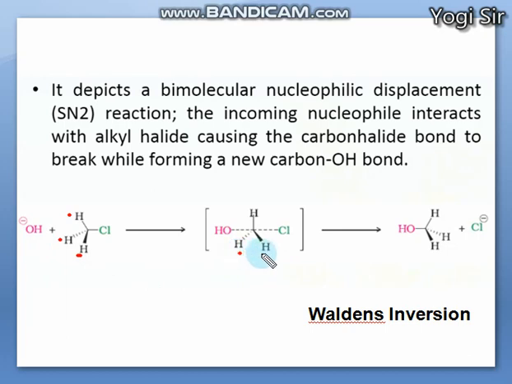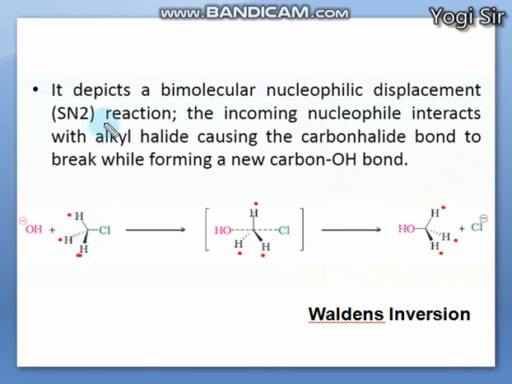Temporarily you can see there is rearrangement of these hydrogens, and at last when this chlorine is removed from this carbon atom, these hydrogens are now present on the right hand side. In the first step they are on the left hand side, while after the reaction they are on the right hand side. That is mentioned as Walden's inversion. Inversion means the hydrogens are inverted towards the right hand side; previously they were on the left hand side.